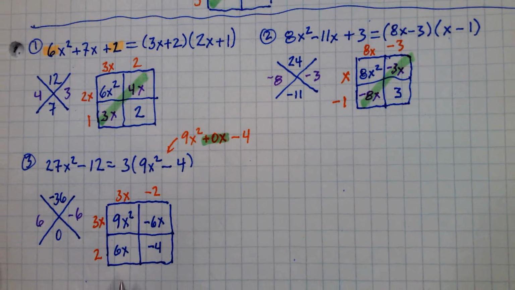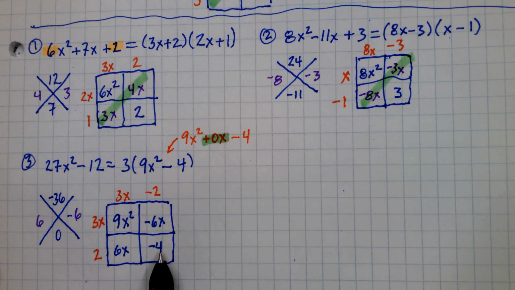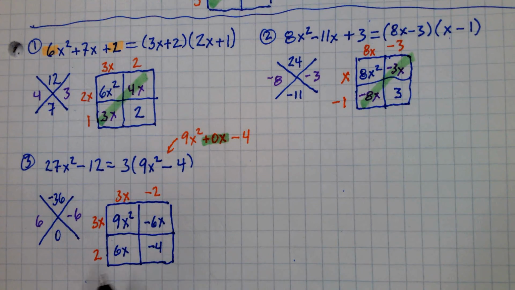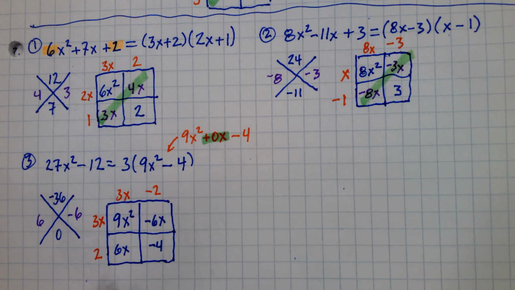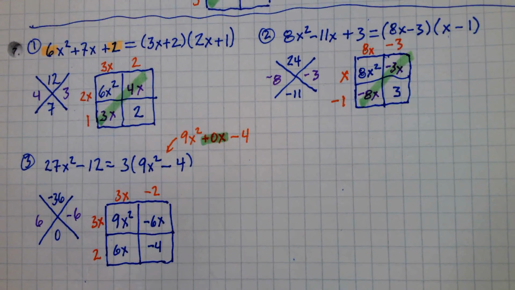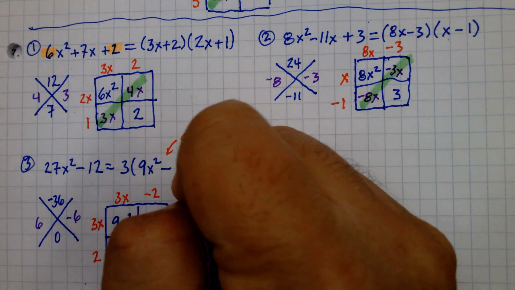Let's test it out. 2 times negative 2 is negative 4. So it works out. You should always try a couple combinations that you didn't do to see if it works out. And it does. So our answers are 3x minus 2 and 3x plus 2. So let's factor this out completely.